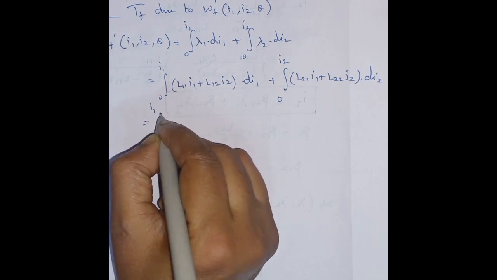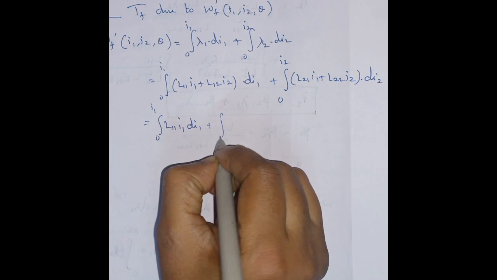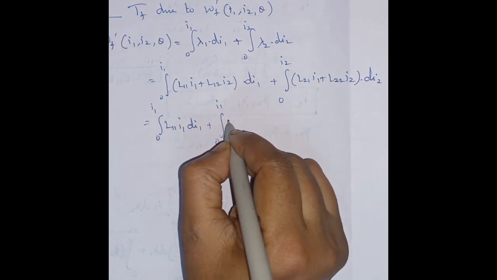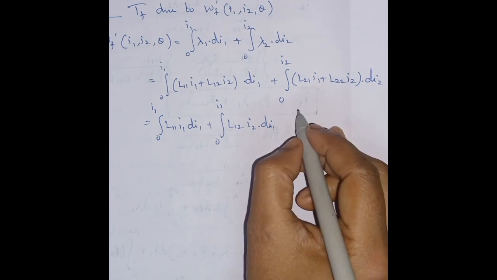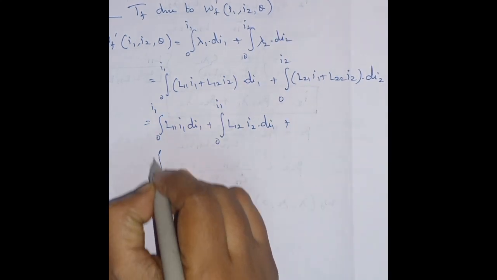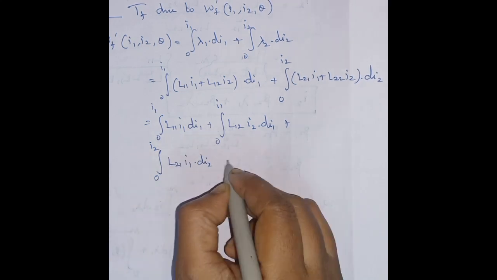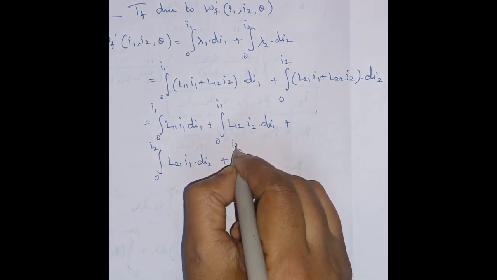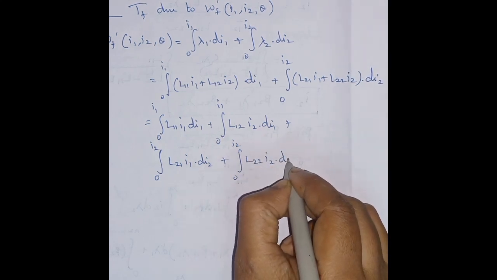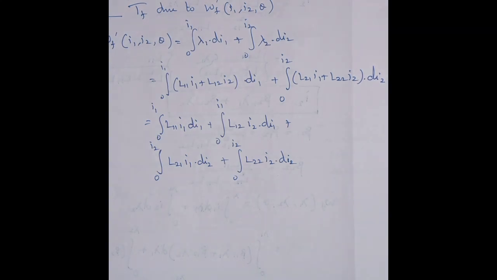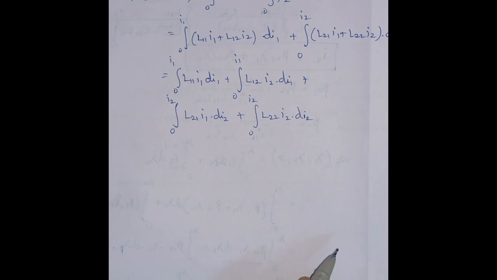0 to I1 L11 I1 di1 plus 0 to I1 L12 I2 di1. So again separating these, correct? The third term is 0 to I2 L21 I1 di2 plus 0 to I2 L22 I2 di2, correct? Same as how we found the field energy, in the same manner co-energy, okay?